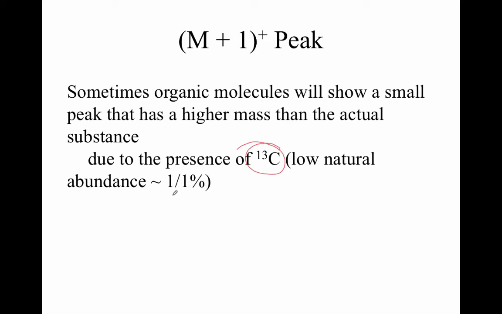It only has about 1.1% abundance, so most of carbon is the carbon-12 isotope. But sometimes you'll see right next to your M+ peak a little peak, and that's your M+1 peak, and that's just due to the extra neutron in the carbon-13 isotope.